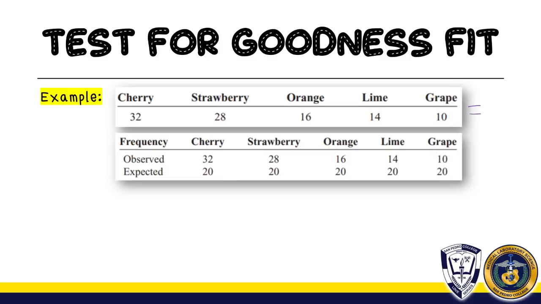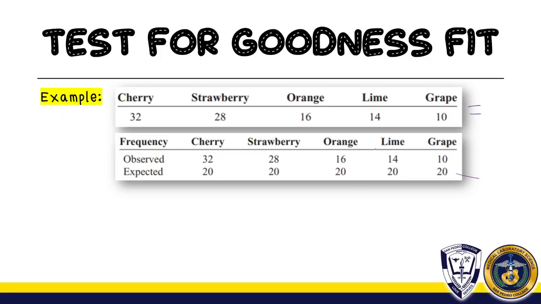If we total this, may 100 po tayo. So 100 divided by 5 categories, or 5 flavors. What will you get? Diba? 20. So, yan po yung gagamitin natin na expected frequency. Meaning, we expect that for each flavor that you are selling, at least 20 individuals will buy it.